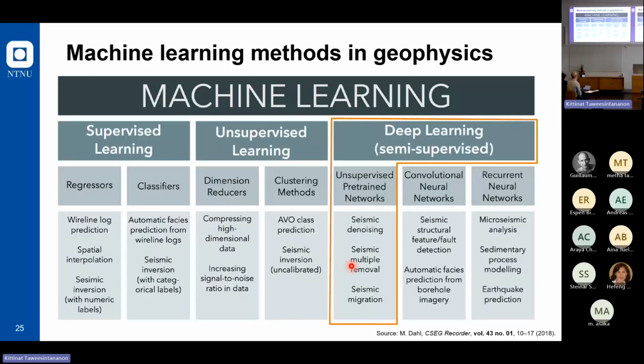But as I showed in some examples, for example, to help humans QC the data, they use a supervised learning classifier. So it does not limit to only deep learning, but I saw many people working on seismic processing techniques using a lot of deep learning.